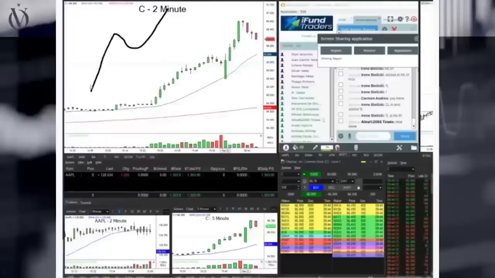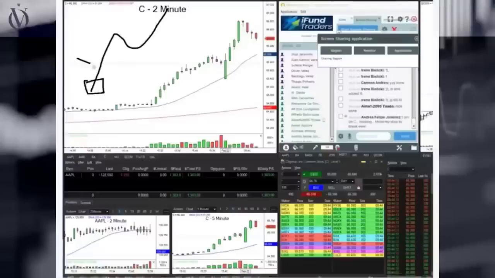So you want to buy, add somewhere, take profits, and then let the stock fall back.